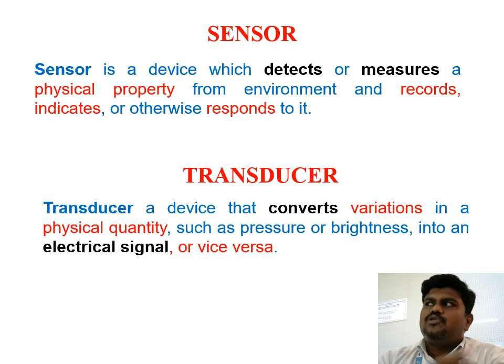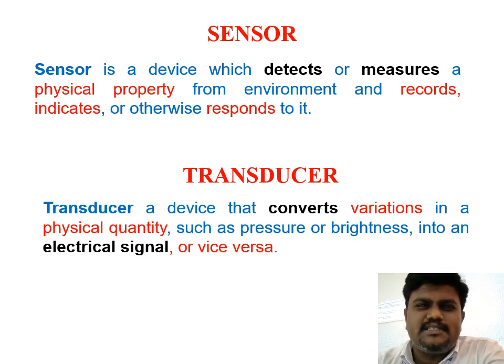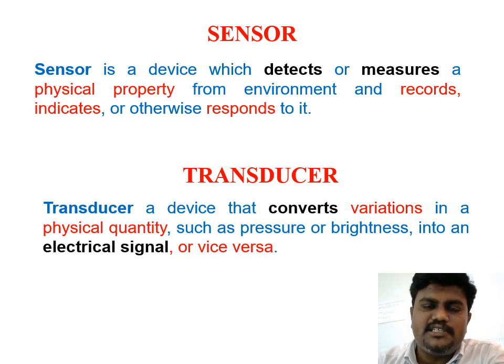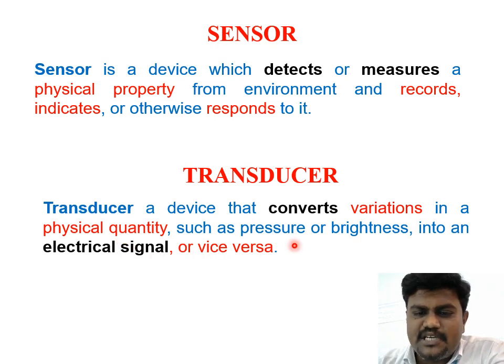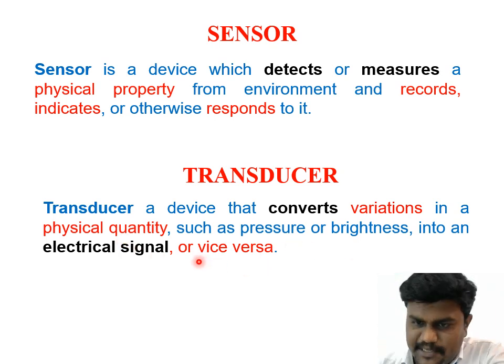Before getting into those kinds of applications, we must ensure what a sensor is. A sensor is a device which detects or measures a physical property from the environment and records, indicates, or in other words responds to physical quantity changes. Again, be careful that a sensor is not a converting element, it's just a detector or measurement element that measures the value and passes the signal to the next instrument, called a transducer. A transducer is a device that converts a variation in a physical quantity such as pressure or brightness into an electrical signal and vice versa.